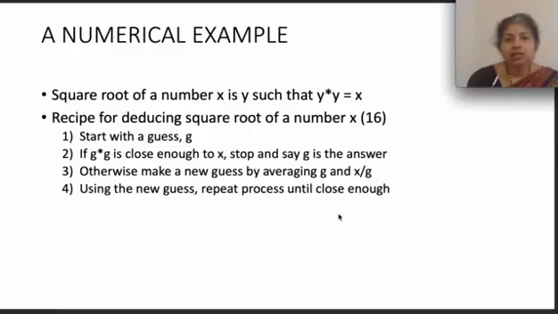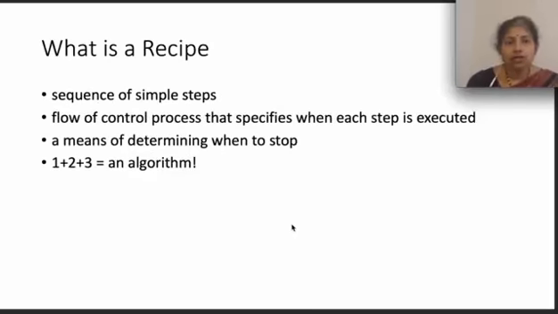So this is the how-to procedure, the recipe for deducing the square root of a number. And the first bullet point tells you that it is a declarative knowledge. So if it is a square root, then what is its behavior? That is the fact. It is showing the fact. So this is about types of knowledge.